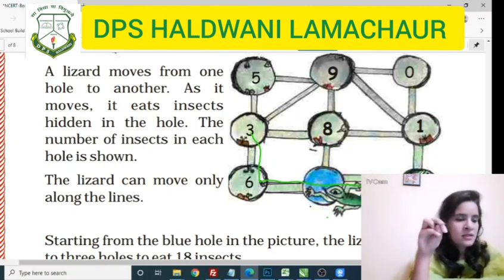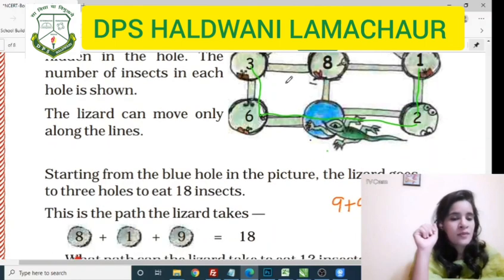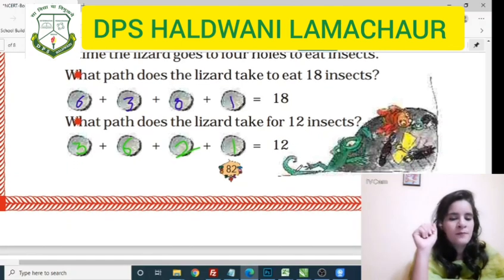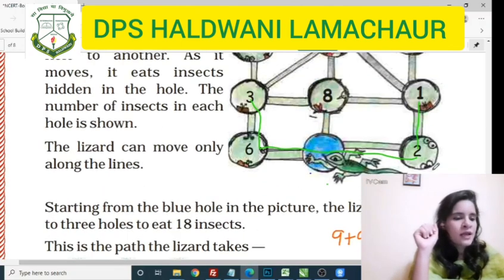And now let's add one more: 12. So these 4 holes it will go to eat 12 insects. 3, 6, 2, 1. So let's write here 3, 6, 2, 1. So it will make 12.